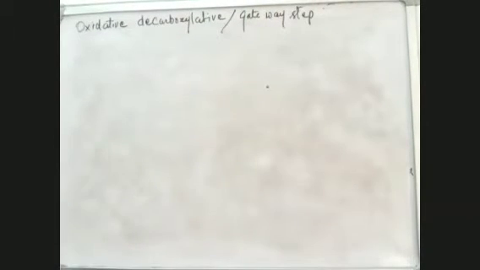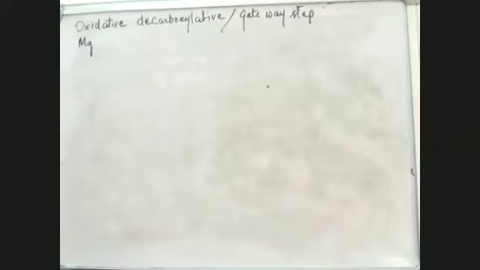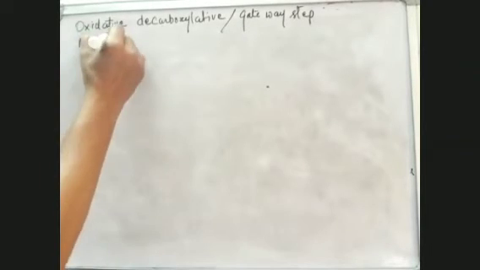So oxidative decarboxylation takes place. Now this oxidative decarboxylation is a step which utilizes magnesium. Magnesium is utilized, and along with magnesium, an enzyme, pyruvate dehydrogenase.